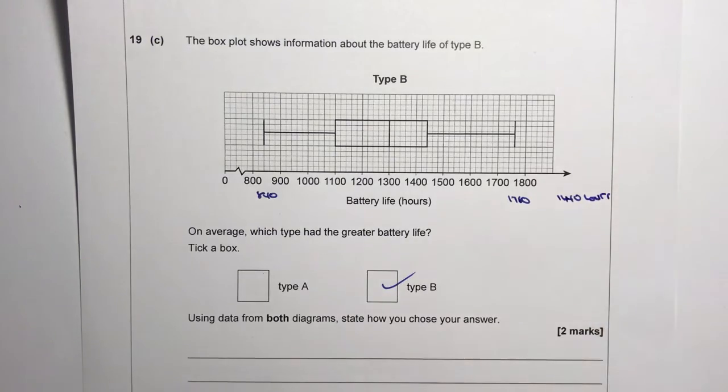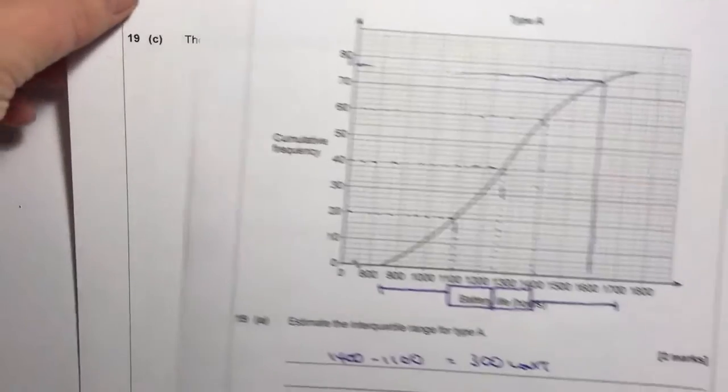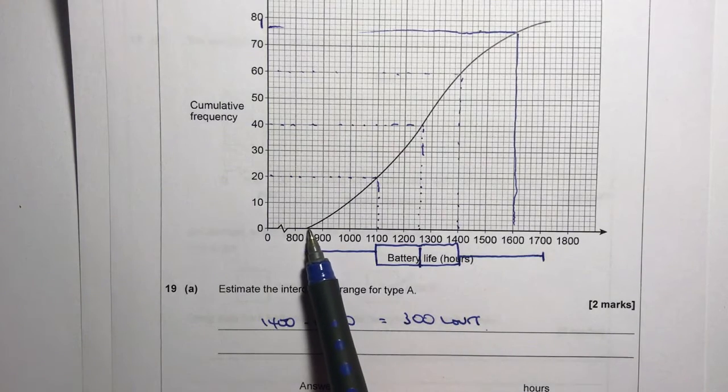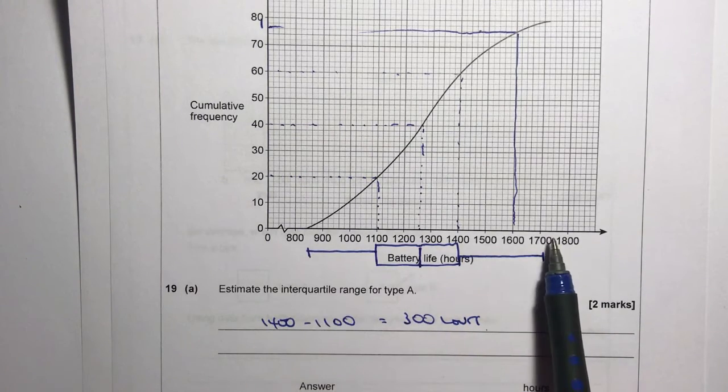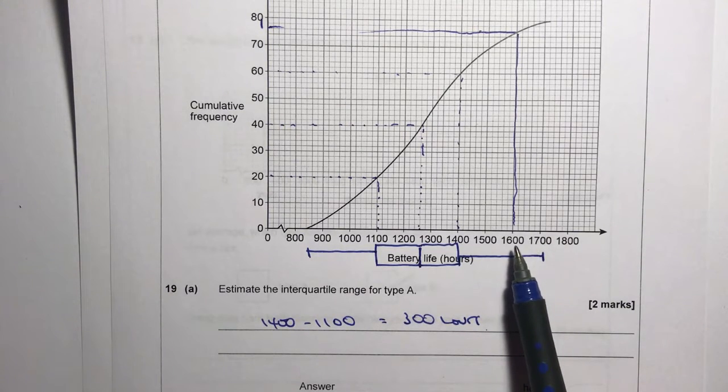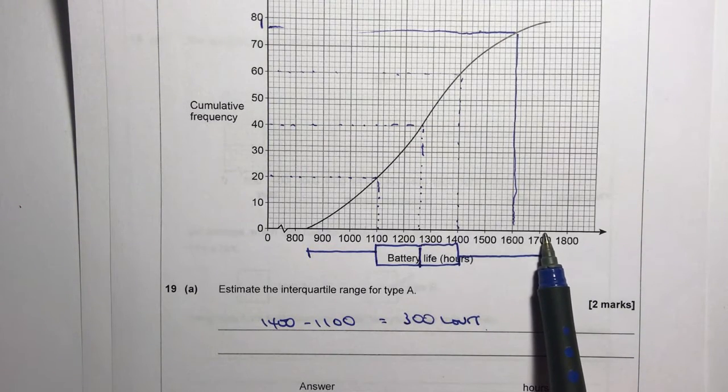If I go back to my original, what I can see is that the range is the difference from there, which is 840, through to here, which is 1720.